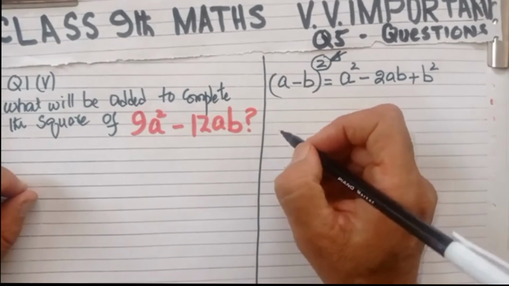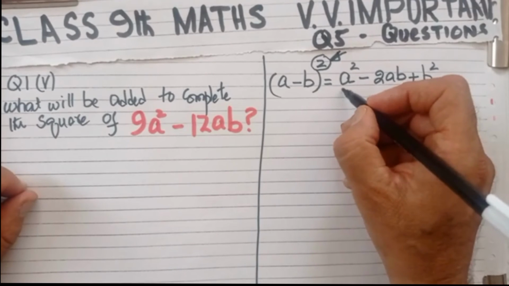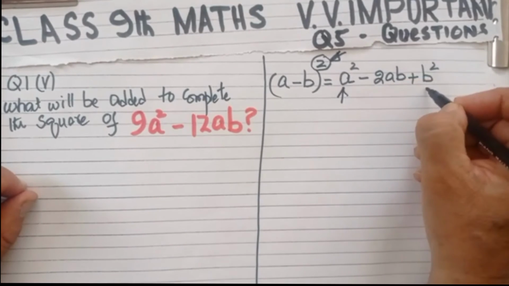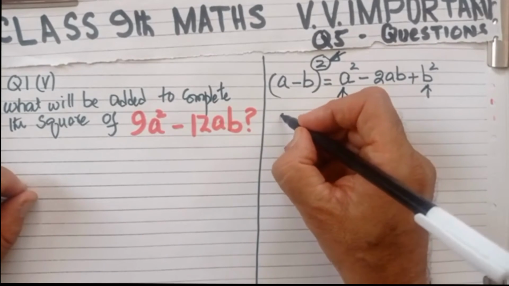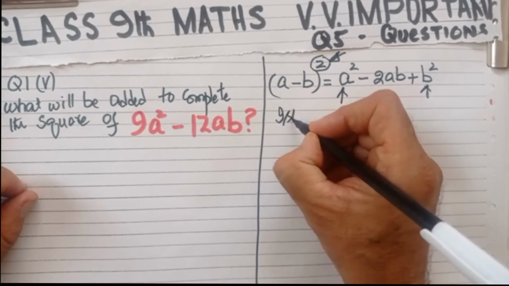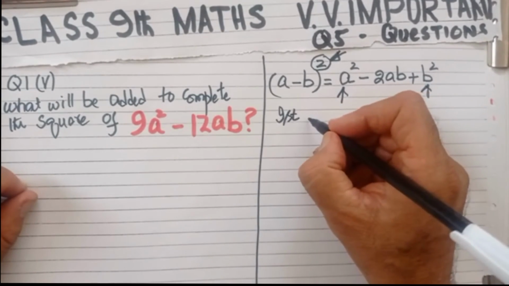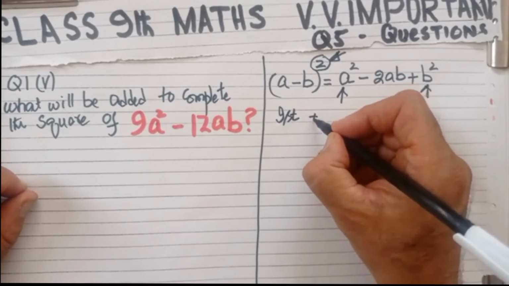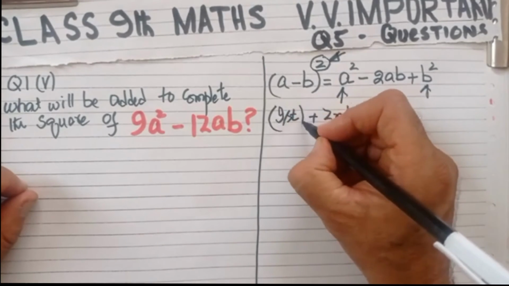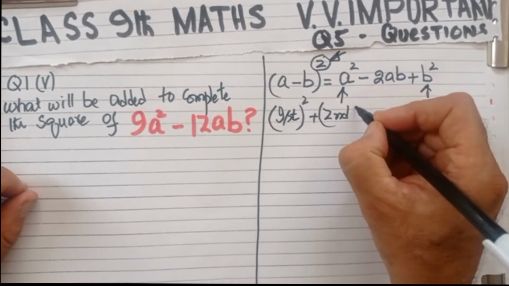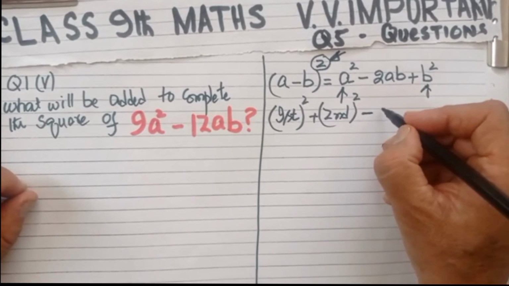Once I will be asked, what is the requirement? Now this is the first term, this is the second term. So the requirement is this: if there is a first term and a second term, there must be the square of the first term, the square of the second term, then minus 2 over here.